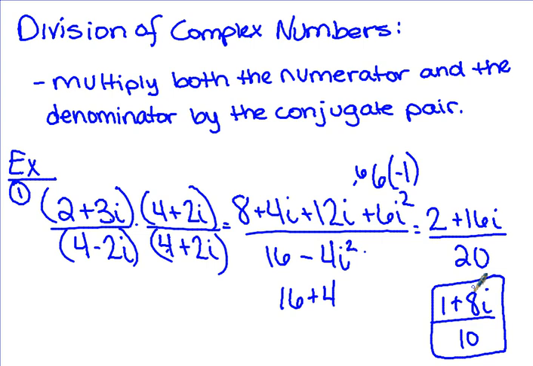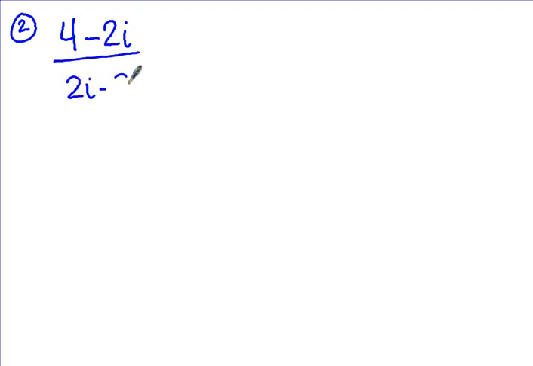Let's go ahead and look at another example. We have 4 minus 2i over 2i minus 3. Again, in order to get rid of that imaginary number in the denominator, we need to multiply through by the conjugate pair. The conjugate pair of 2i minus 3 is 2i plus 3.